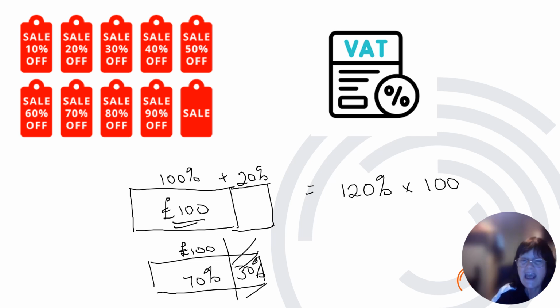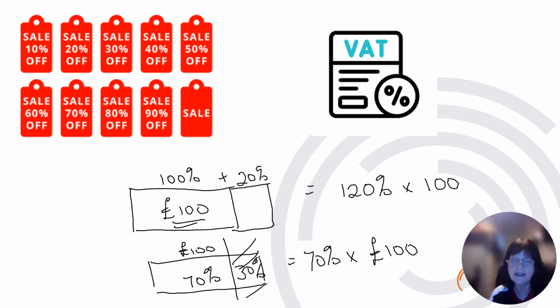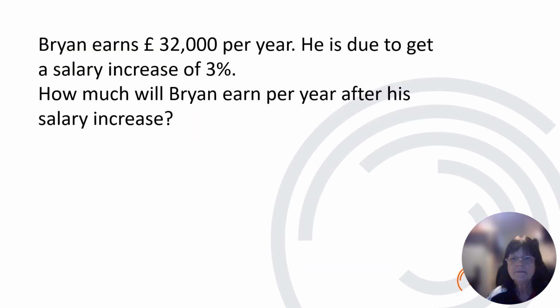So in this case, we would find 70% of the amount, which is £100 in this instance. So when we are increasing by a percentage, we do 100% plus the increase. And when we are decreasing, we take that reduction off of 100%. Let's have a look at some, and then hopefully it will make sense.